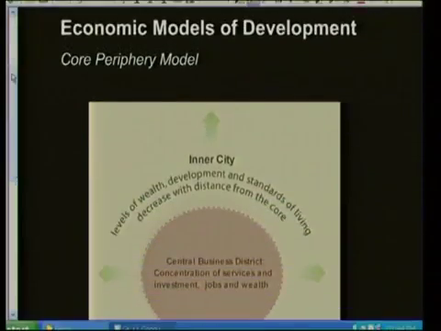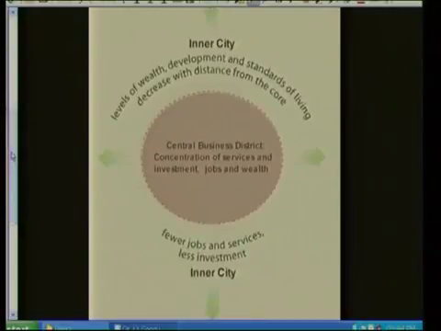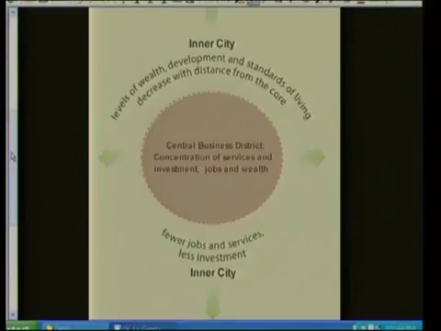Right. Okay. Our next model, it's a much simpler model, okay, is what we refer to as the core periphery model. And if you just look at the diagram on screen, it's quite a simplistic sort of idea. And the idea surrounding the core periphery model is that most places were made up of a central business district, where we have a concentration of services, investment, a lot of jobs and wealth located in that core area.